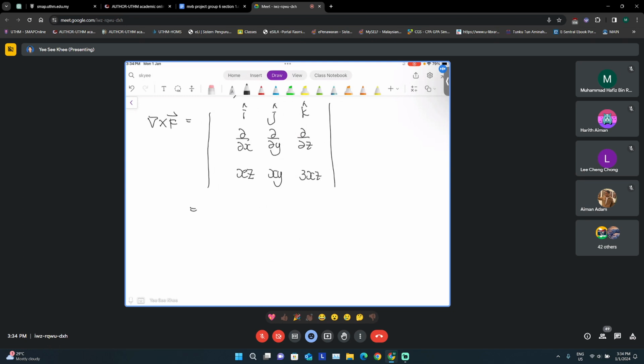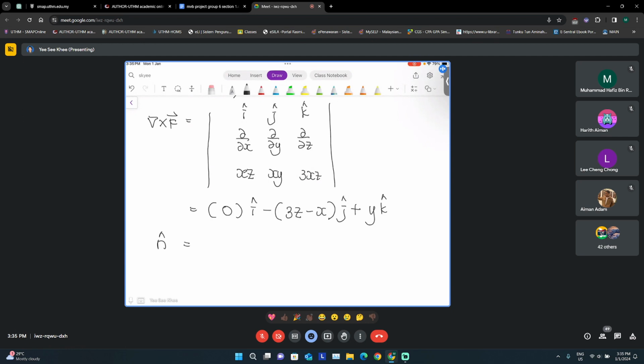Okay, so for the item is 0 because you cannot differentiate. Next is to find the unique normal vector.